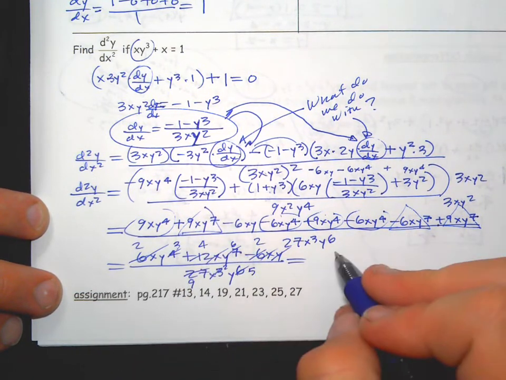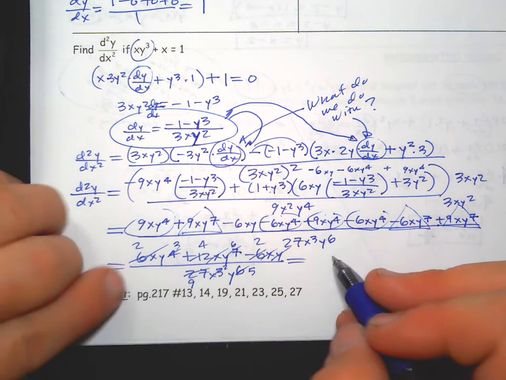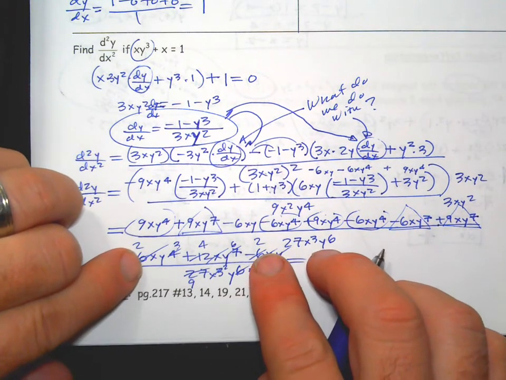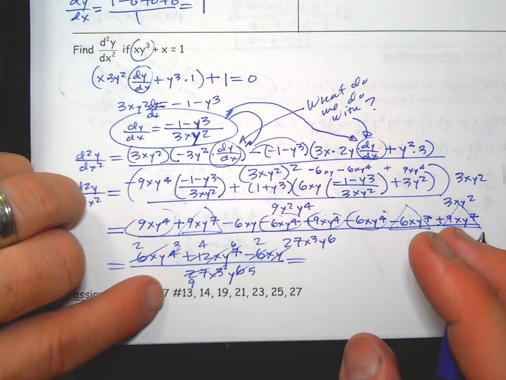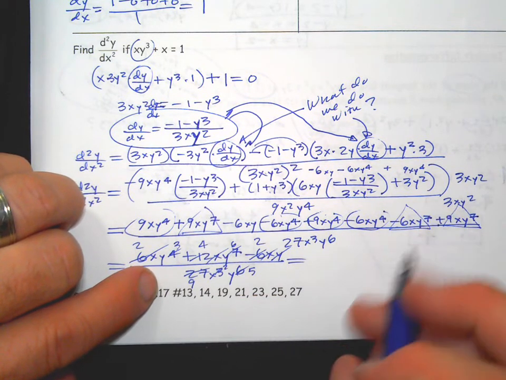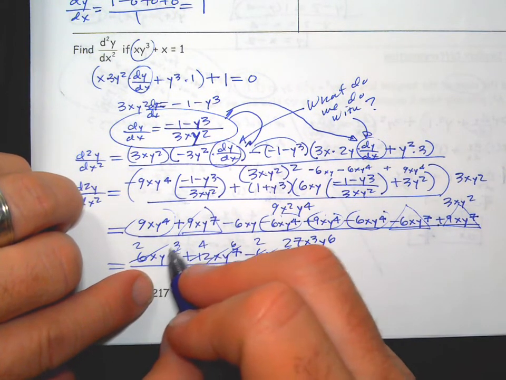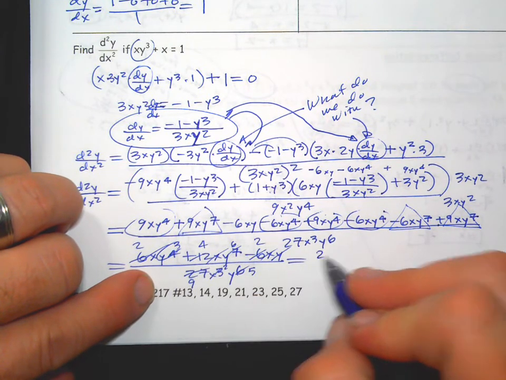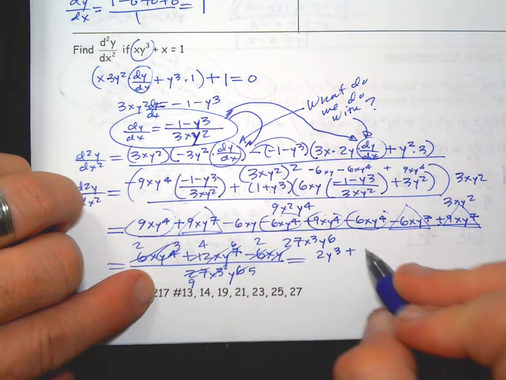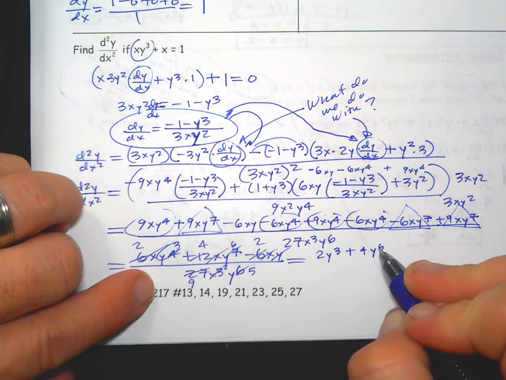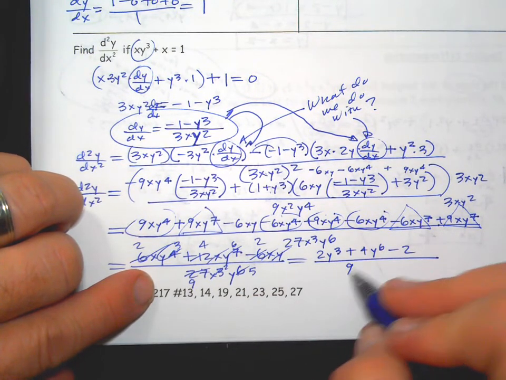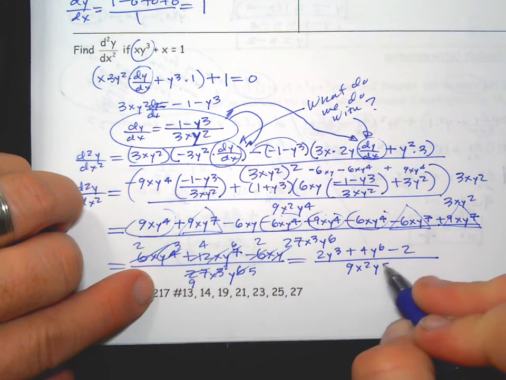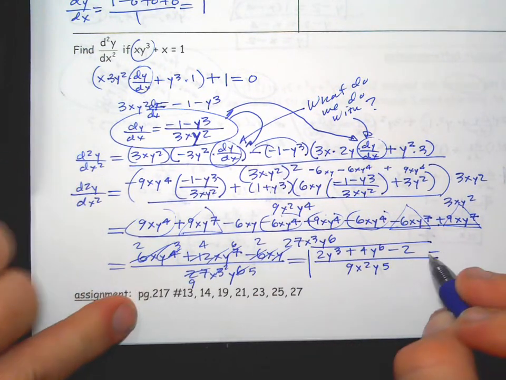So what's left? Oh, these guys cancel each other out, by the way. 2 and the minus 2, they go away. So now, well, no, they don't. Sorry, they still got some stuff. This still has a y cubed. So we have a 2y cubed plus 4y to the sixth minus 2 over 9x squared y to the fifth. That's probably our best answer for the second derivative.